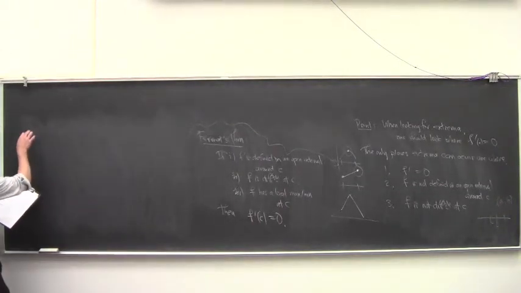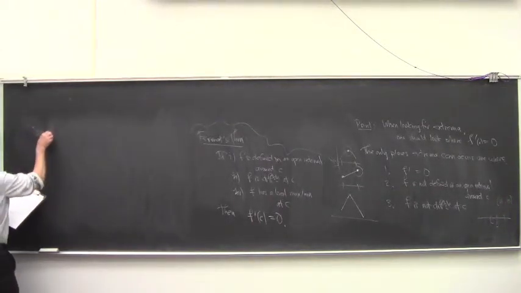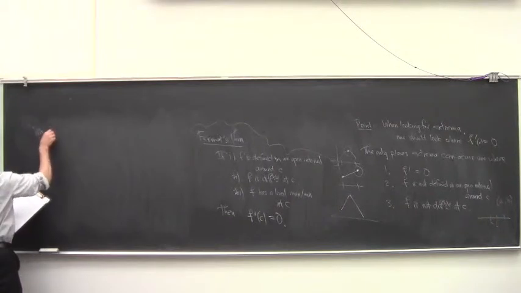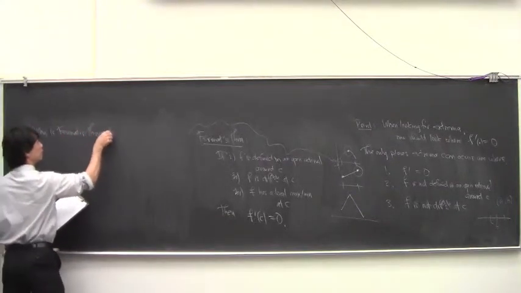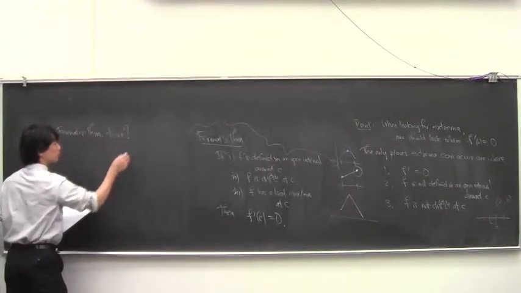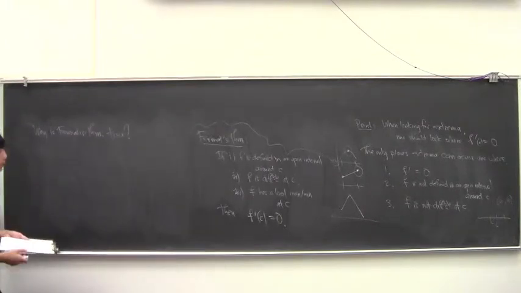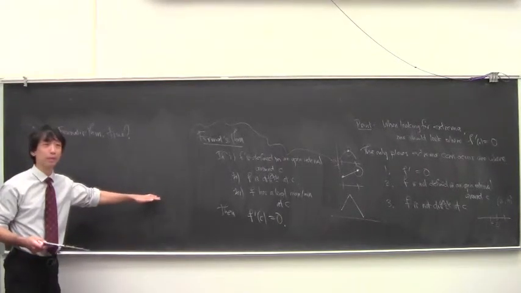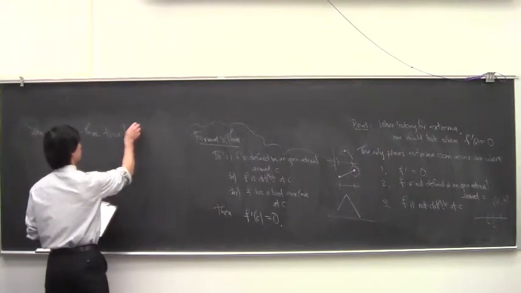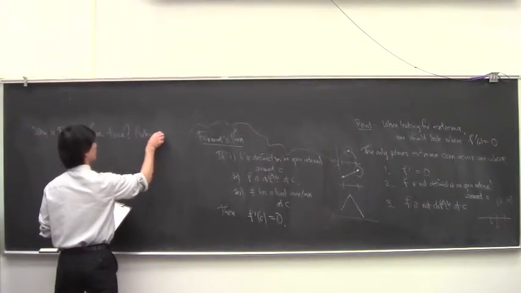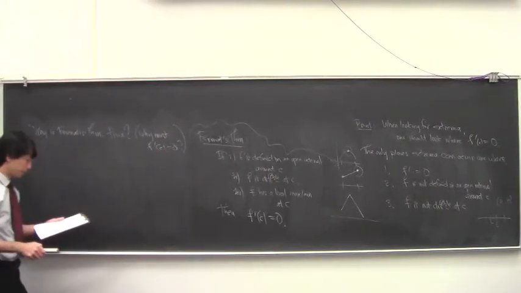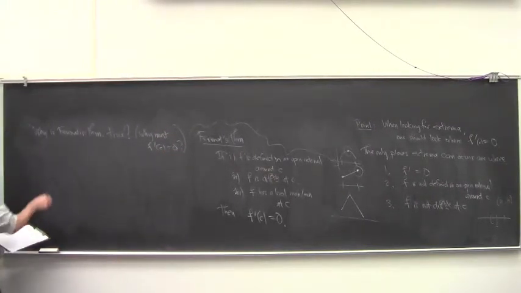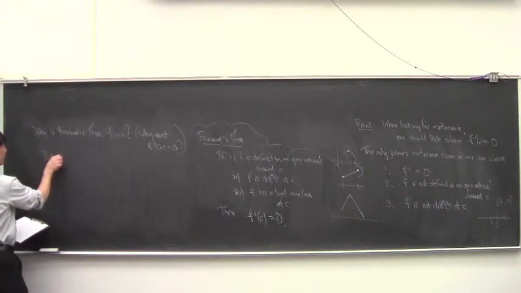So let's just briefly say why Fermat's theorem makes sense. Why is Fermat's theorem true? Why are you guaranteed that the derivative is going to be 0 there, right? Why must f prime of c equal 0? So you can sort of think of this in a picture.